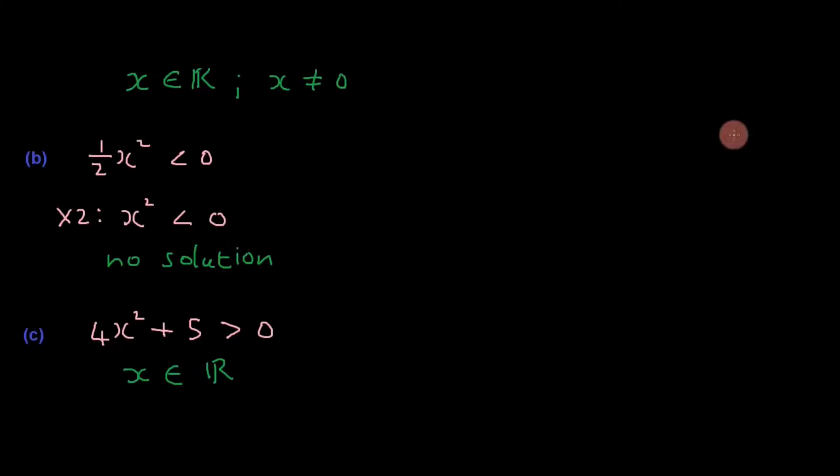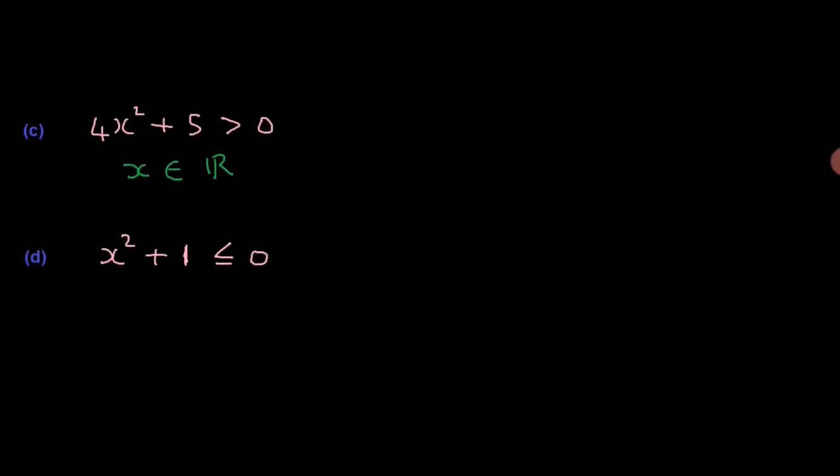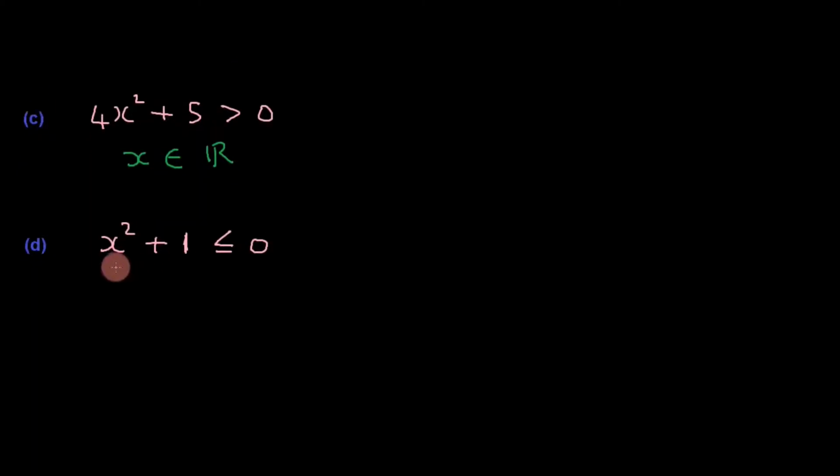Let's look at the last inequality. So D. We have to find x such that x squared plus 1 is either less than 0, in other words negative, or equal to 0. Now x squared is a perfect square, so it's either going to be 0 or positive.